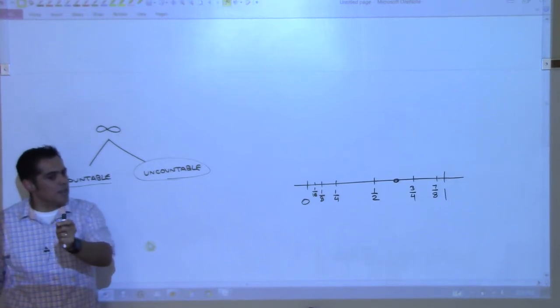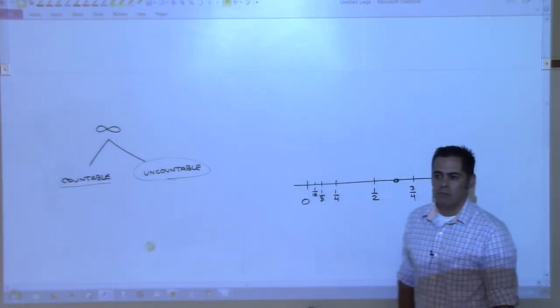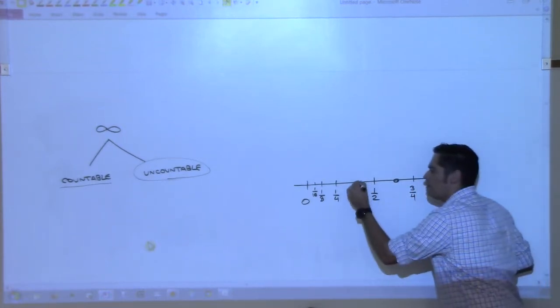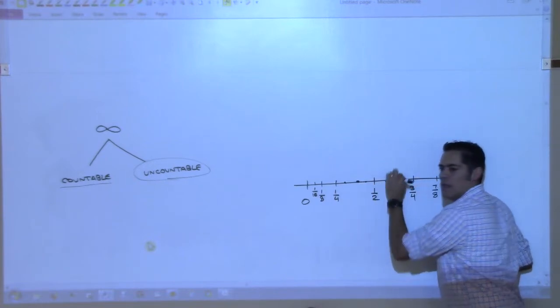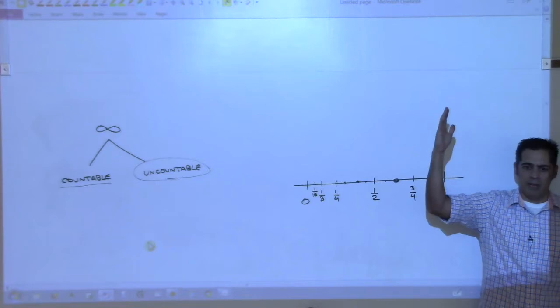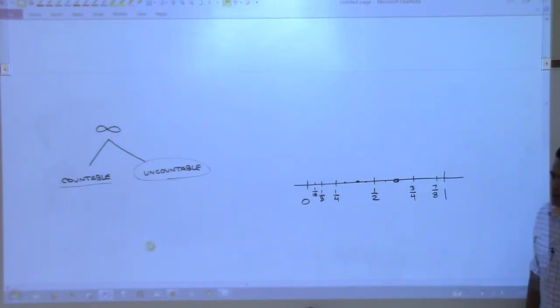I guess what I'm asking you is, is every number in here a fraction? Yes. Every number. So let's take a vote. No matter what point I pick, if I pull it out of there, there is some fraction that I could write for that number. Yes? I heard a lot of yeses. Okay. That's wrong, all right?